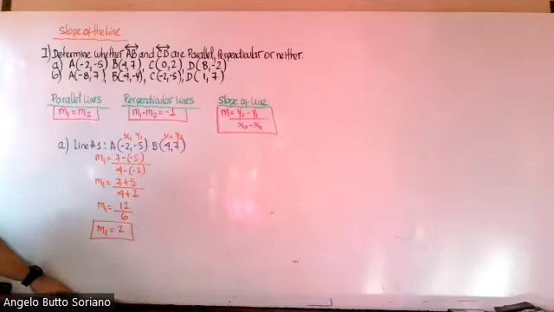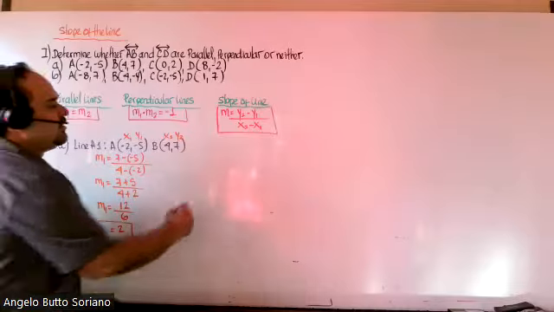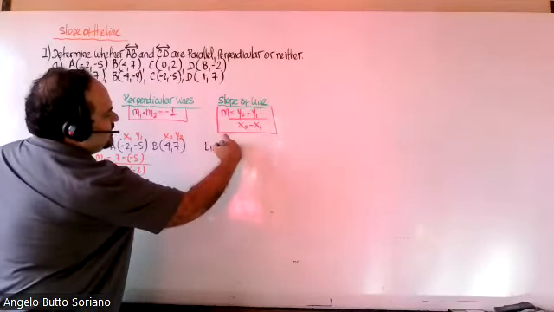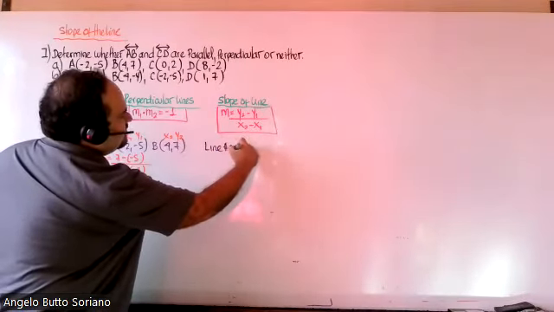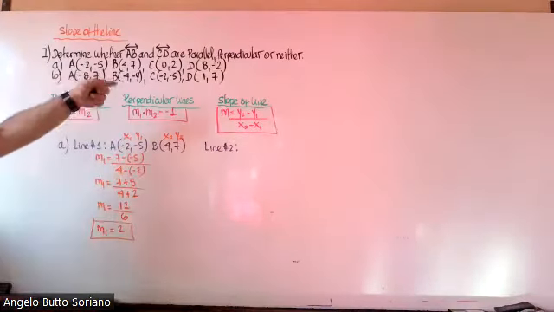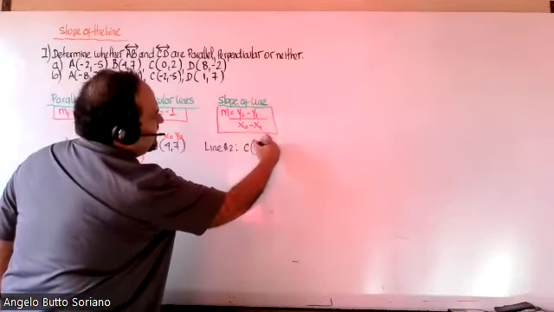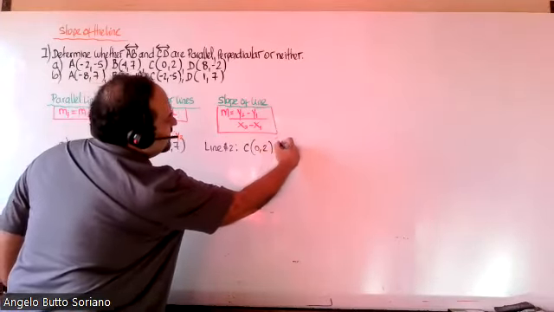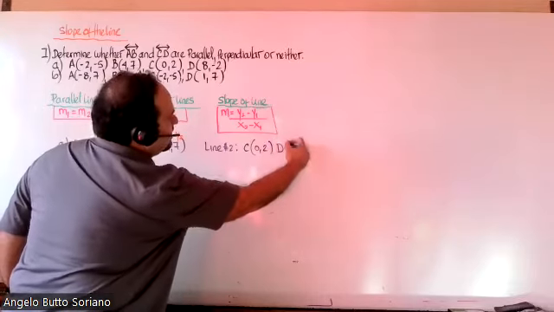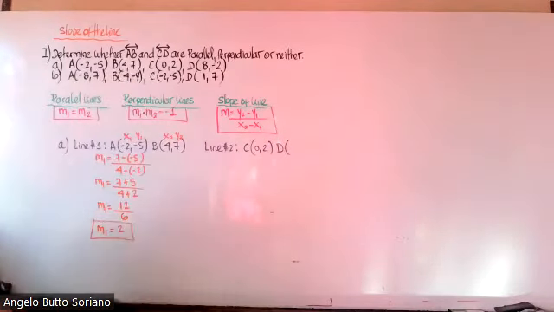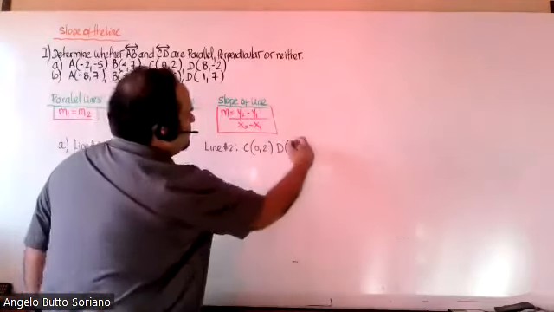Now let's identify the second slope. We're going to copy this picture. Line number 2 will be given by the points C and D. I mean, the point C will be given by the values (0, 2), and D is given by the point (8, -2).